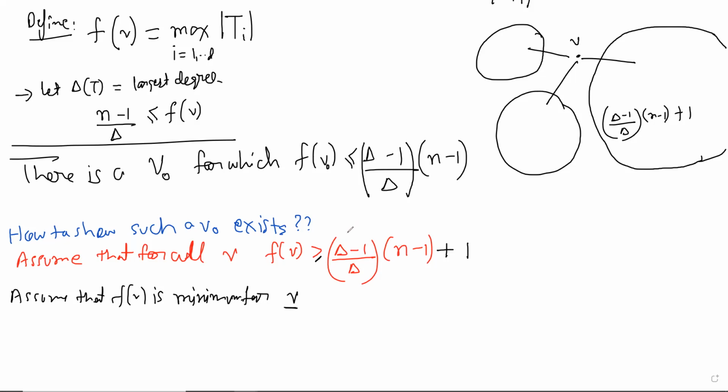So where should that vertex come from? Remember, these are the neighbors, let's say, and we have v1, v2, v3. Let's say there are only three. That's not a problem. Generalize it.